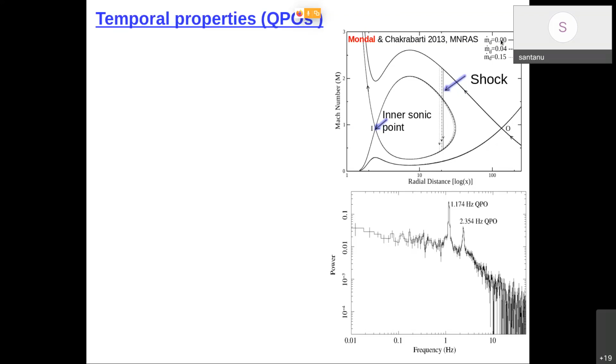As the accretion rate increases, this shock moves inward, that means the size of the corona changes. In this lower panel, I already discussed the QPO frequency, so I just put it here for completeness.